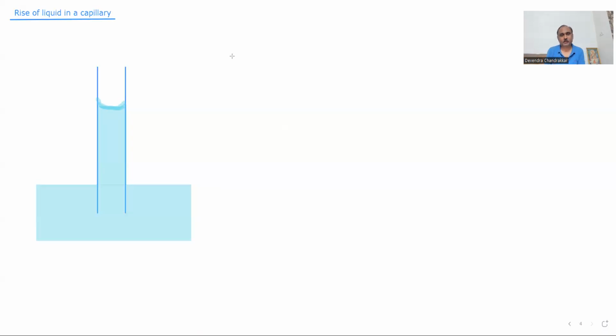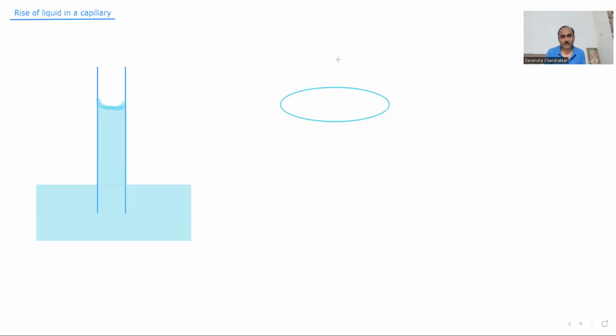You can imagine it or not? If you cannot, bring water in a glass and you can see that it's slightly rising like this, and it's circular. I'll draw it here. This is the periphery of the free surface of water.